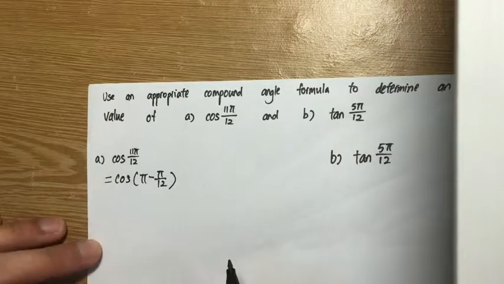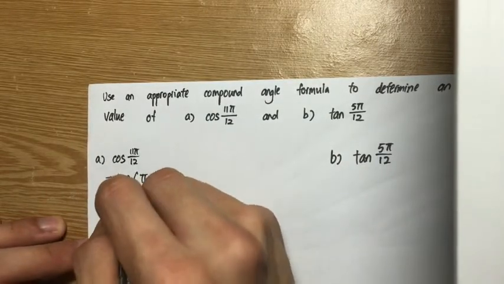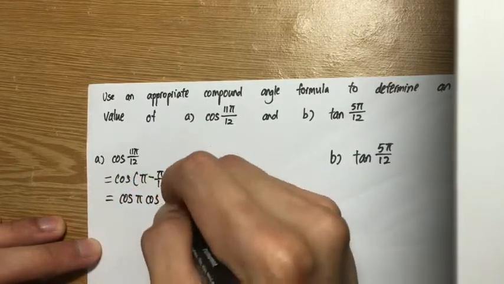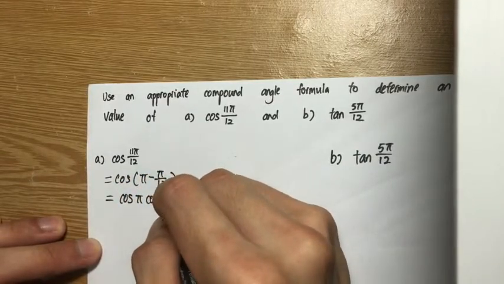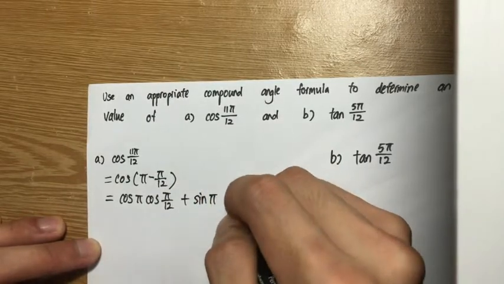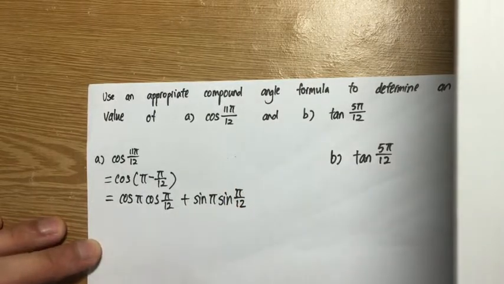By applying the compound angle formula for cosine, we can express this as cosine pi cosine pi over 12 plus sine pi sine pi over 12.